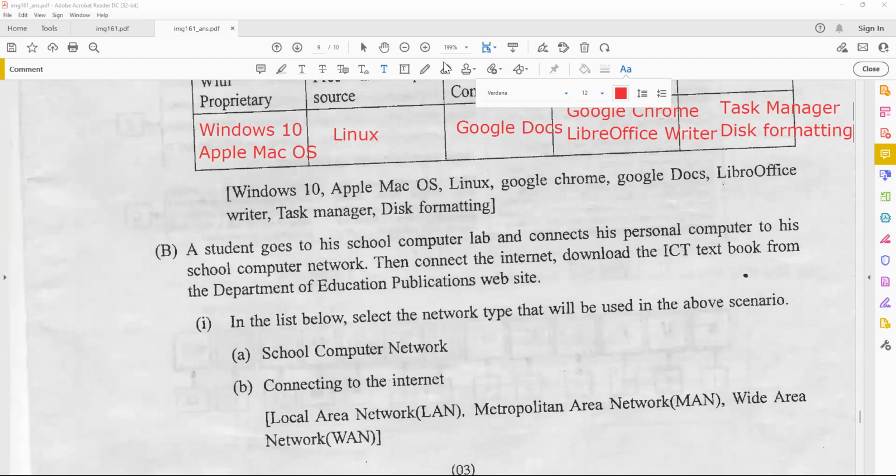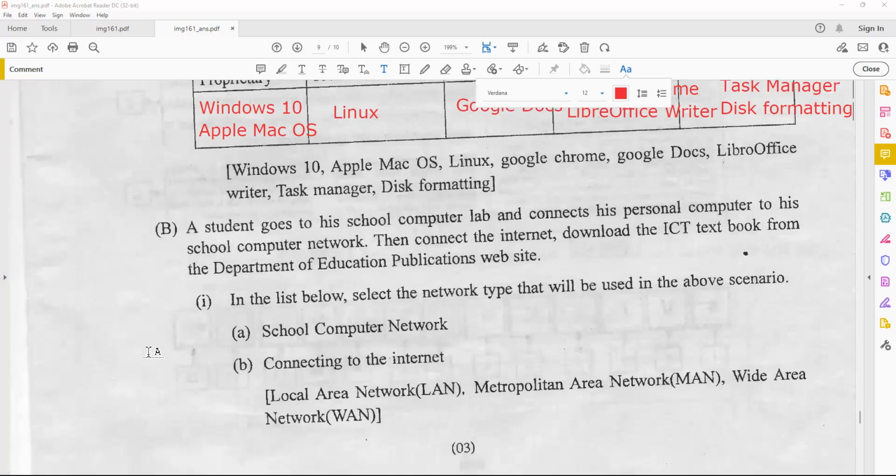Right. Let's look at part B. Right. So usually, depending on the geographical area covered by a network, we can categorize computer networks as local area network, metropolitan area network, and wide area network.